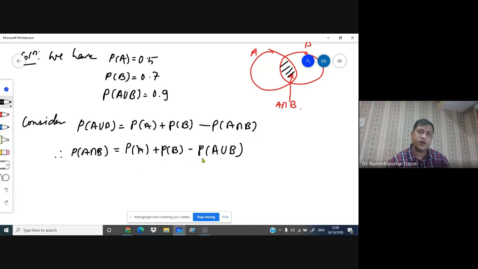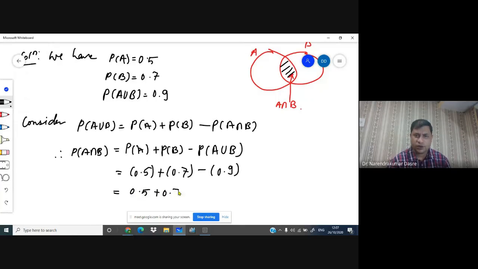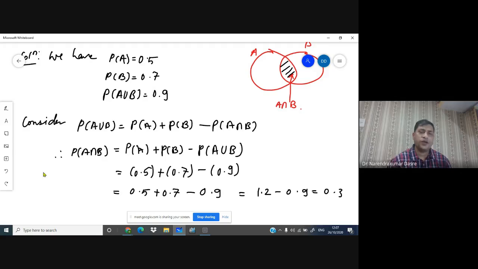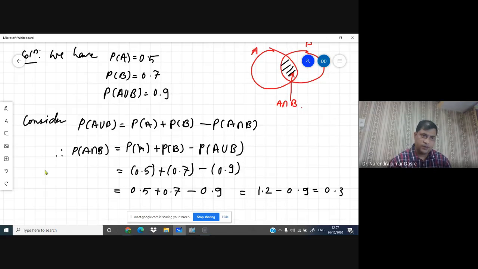So that's what we can simplify, and now we know all these values, so we can put them in. The value of probability of A is 0.5, plus probability of B, which is 0.7, minus probability of A union B, which is 0.9. So this is 0.5 plus 0.7 minus 0.9, which is 1.2 minus 0.9, and this is 0.3.